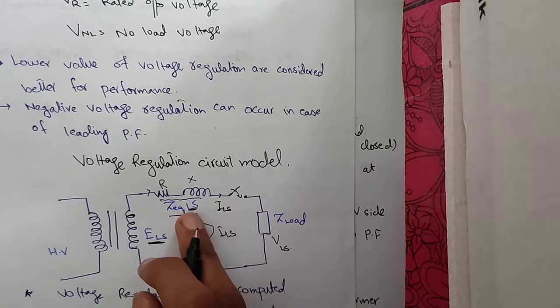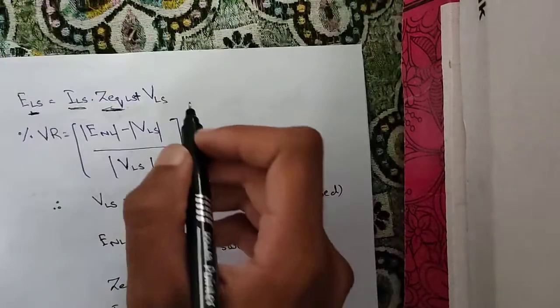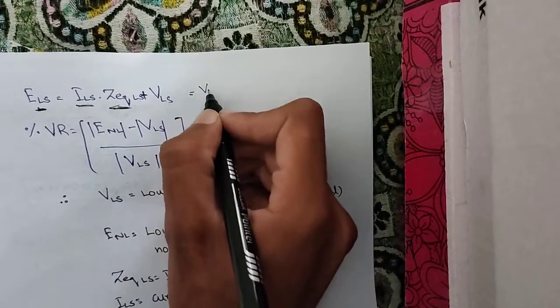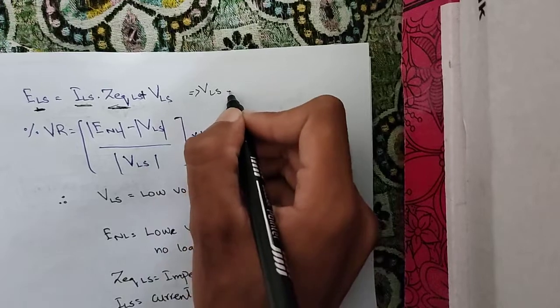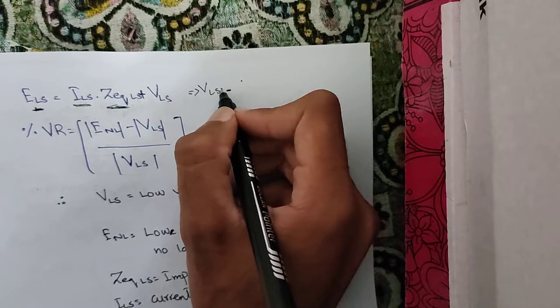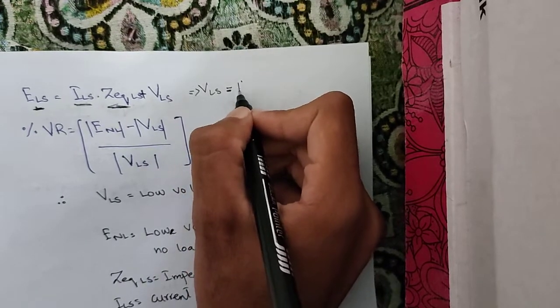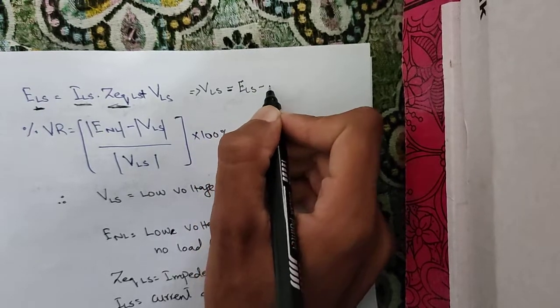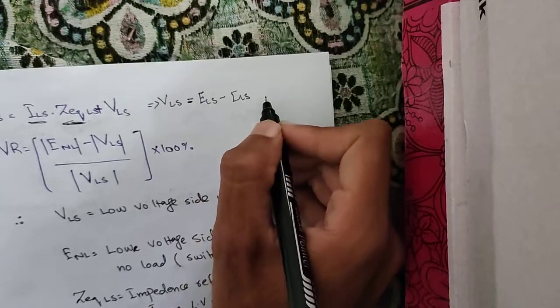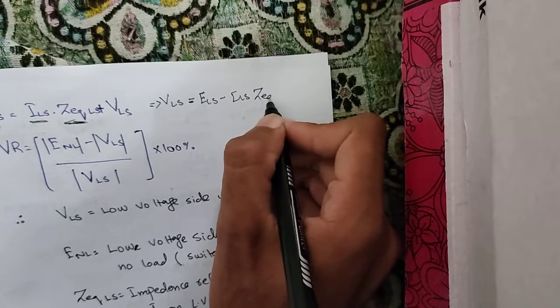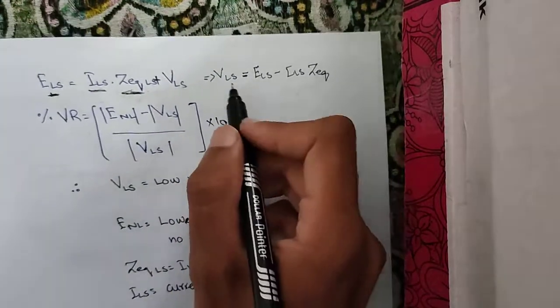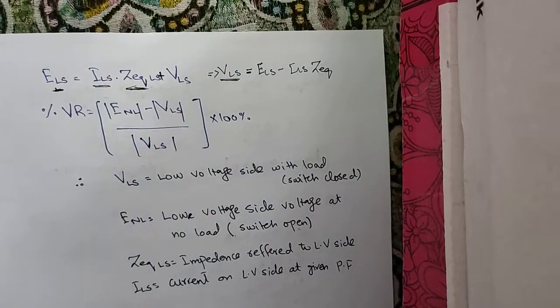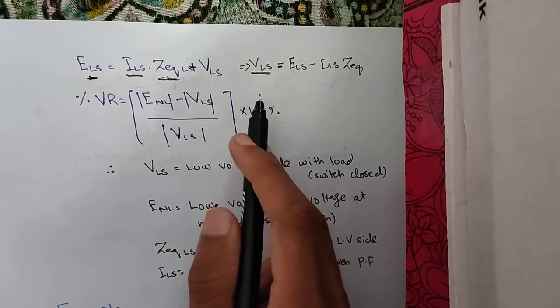This equation can be written as VLS is equal to ELS minus ILS into Z equivalent. Now VLS is the voltage that is obtained at rated load of the transformer.